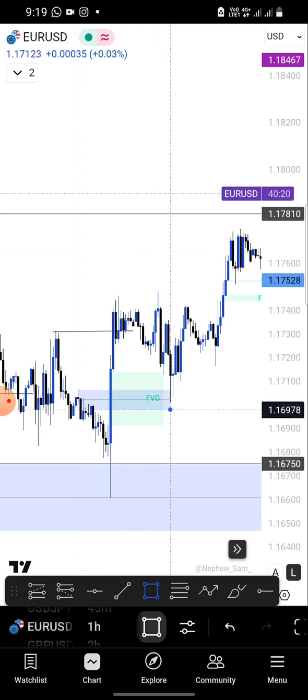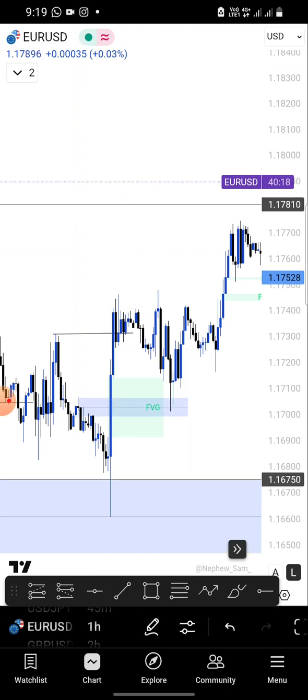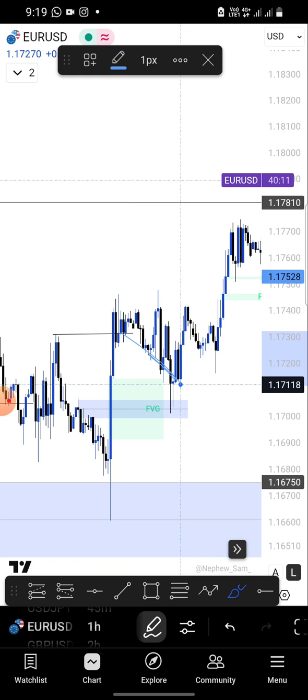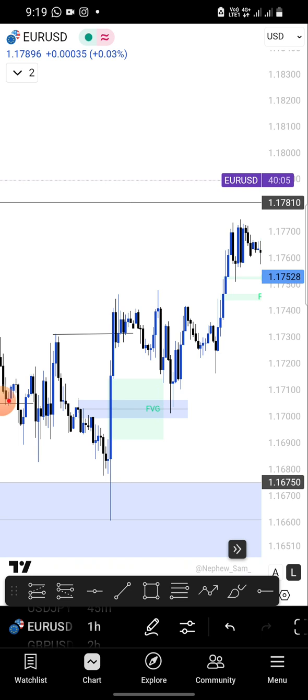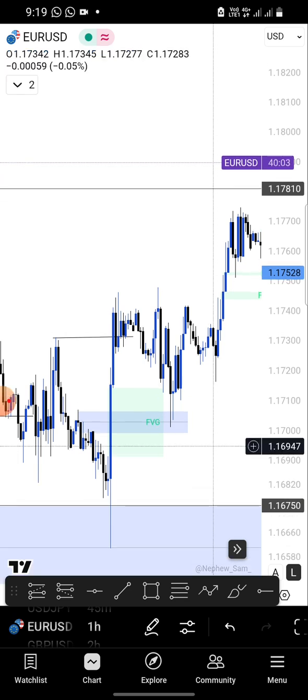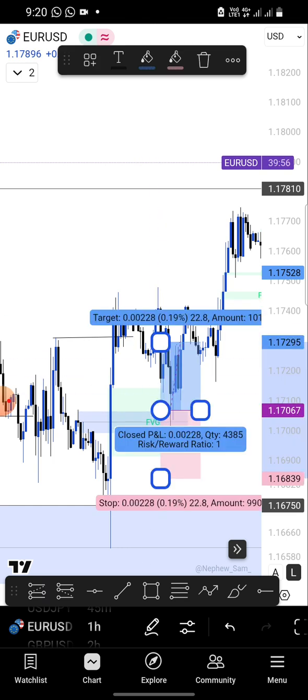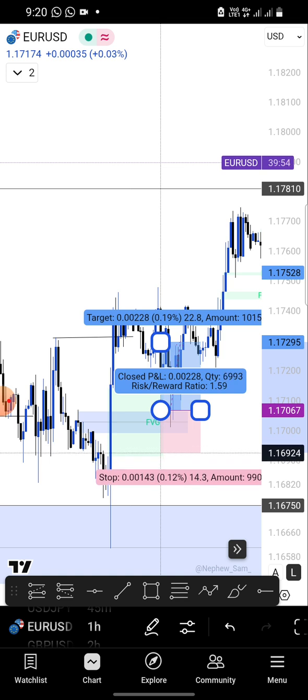All these pullbacks here are just like trend line liquidity for me, and I expect price to clear all of them out and tap into the breaker. So I took my second buy here. I set my limit here on the breaker, just like this. My stop loss was just below this place.